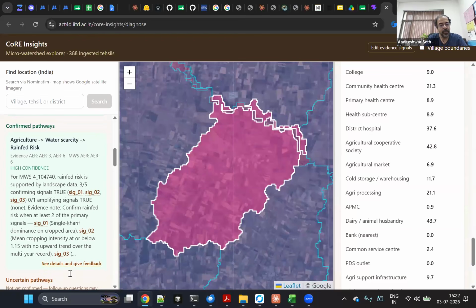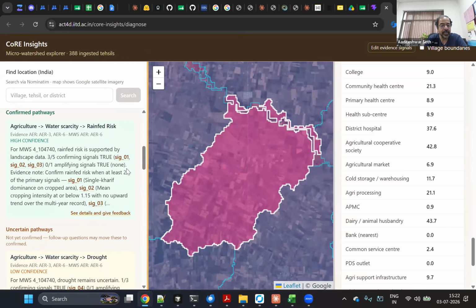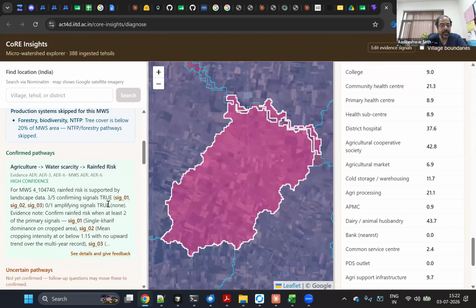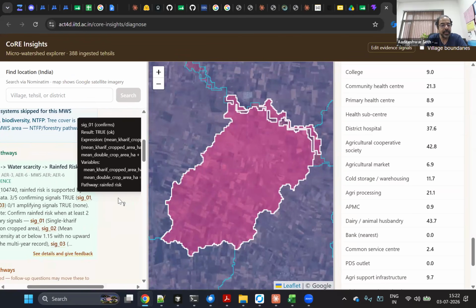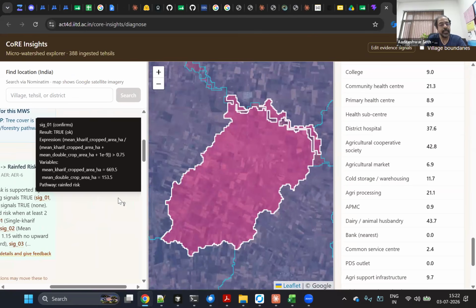So now how is this happening? Based on these variables, it computes these signals. One signal that it's computing is, let's read this: mean Kharif cropped area divided by mean Kharif crop plus double crop plus 10 power minus 9, which is just to avoid zero division.